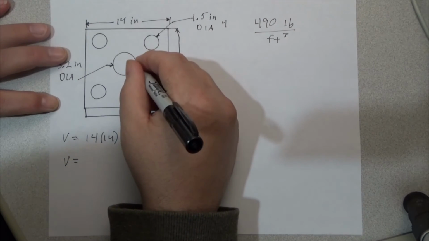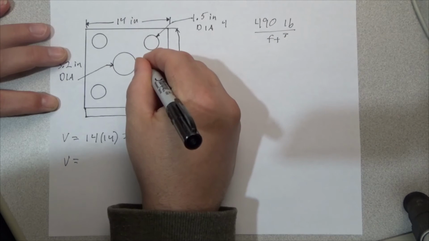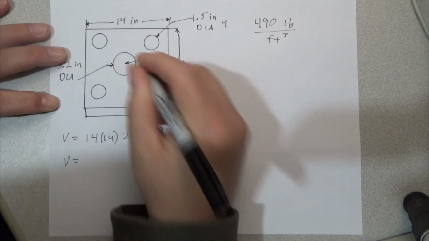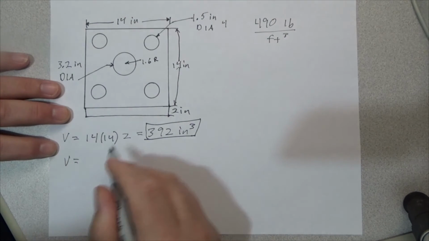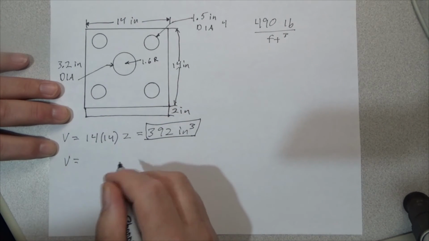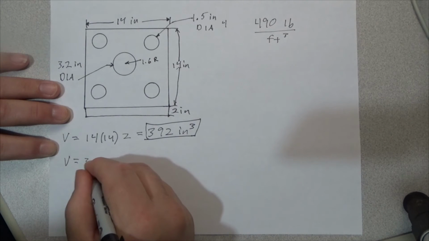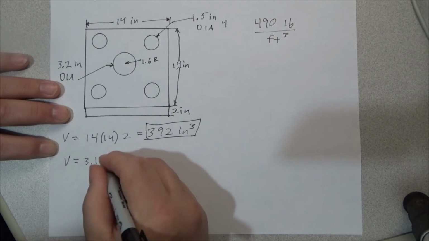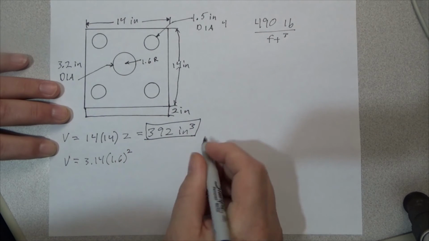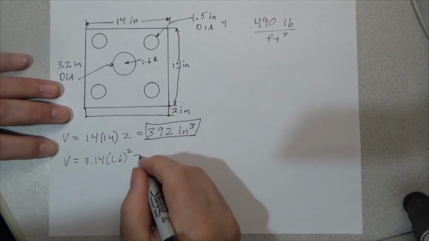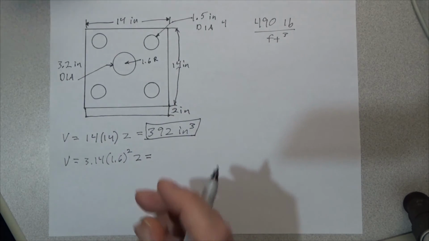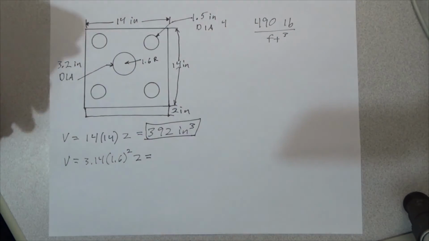I'll just write that right there, 1.6 is the radius. It would be the base times the height, and the base is going to be 3.14 times the radius squared, 1.6 squared, times the height, which is 2. And that will give me the volume of the center cylinder.